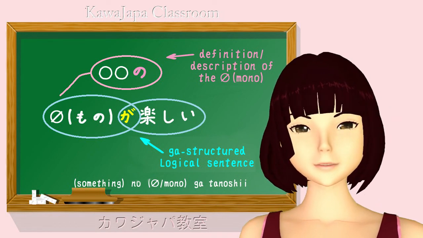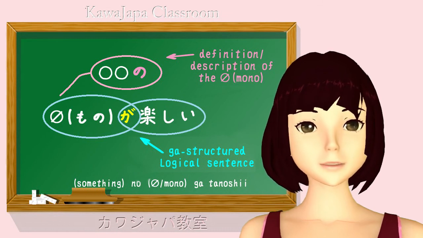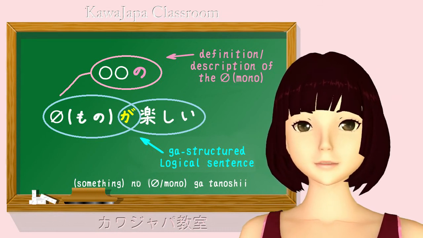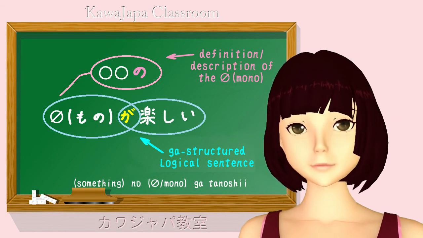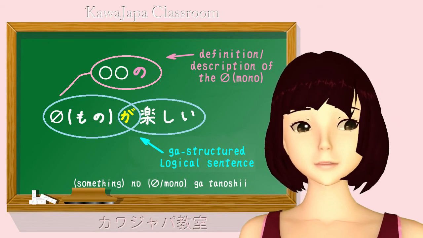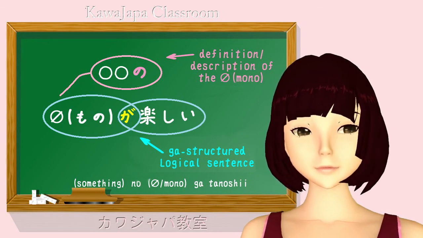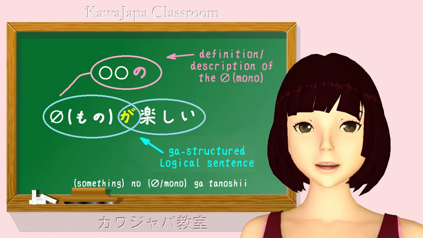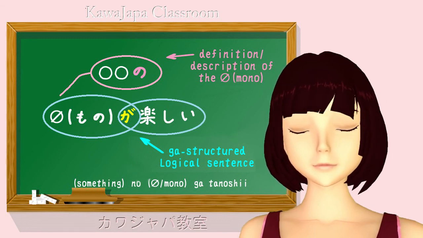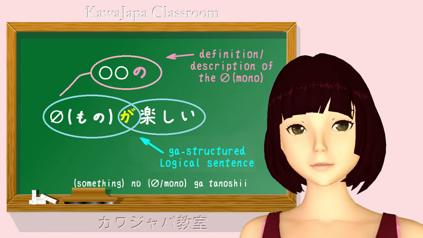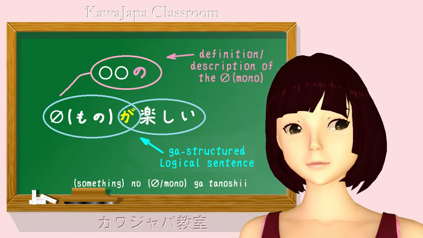But that isn't precisely how it's working, and the reason it's important to know that is not that it's going to cause any problems at this stage when you're dealing with very simple sentences, but that later on it may become much more complicated. Instead of saying watching anime is fun, we may be saying something like watching anime on a warm summer afternoon when the sun's just starting to go down and you've had a few drinks is fun.